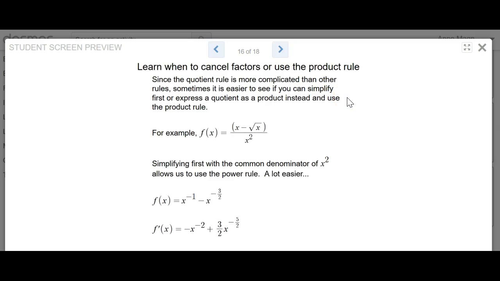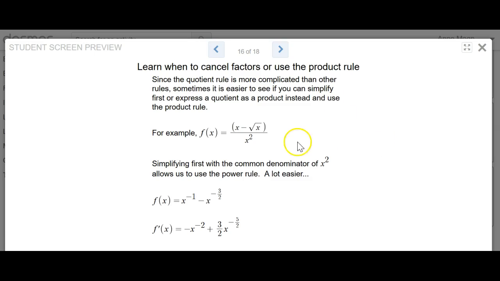One little thing to help make life a little bit easier: when you're given a quotient, a lot of times it's easier to figure out how you can simplify instead of just applying the quotient rule, because the quotient rule gets a little bit messy. You can either see if you can simplify first or turn it into a product possibly, because the product rule is a little easier to work with sometimes.